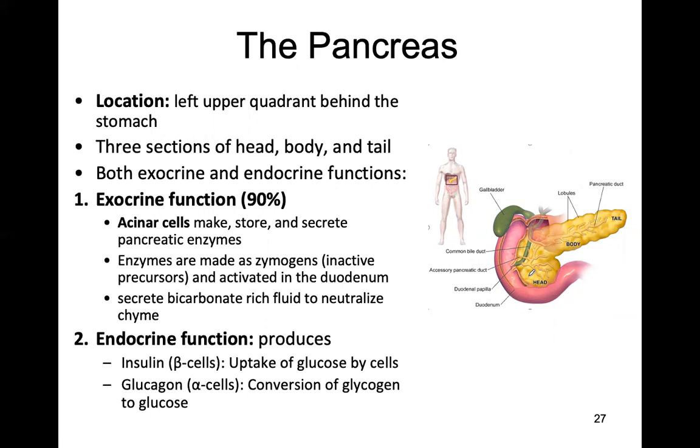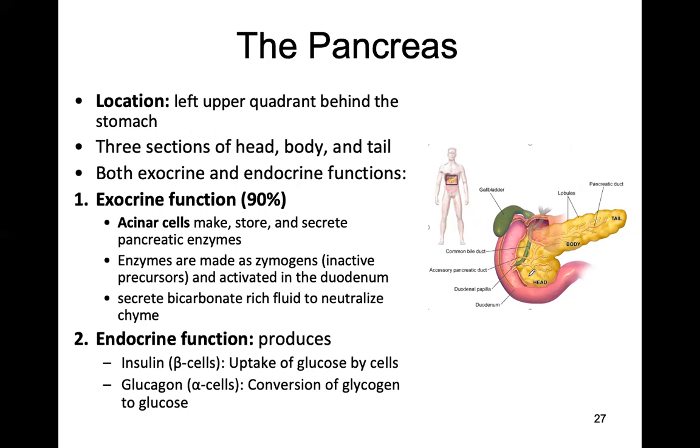The cells that are responsible for the exocrine functions are about 90% of the pancreas. These cells called acinar cells, and their job is to basically produce, store, and eventually release the digestive enzyme or pancreatic juices into the duodenum.